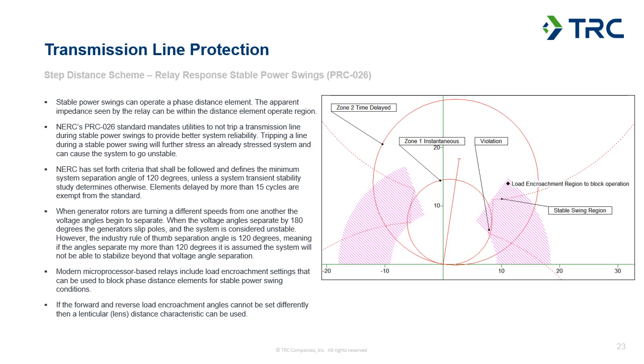A lot of this analysis and these types of checks are all built into Aspen, so they can be cumbersome to do by hand, but luckily we have some really great tools to help us understand how our protection is going to respond.